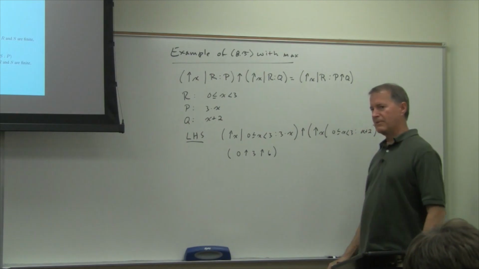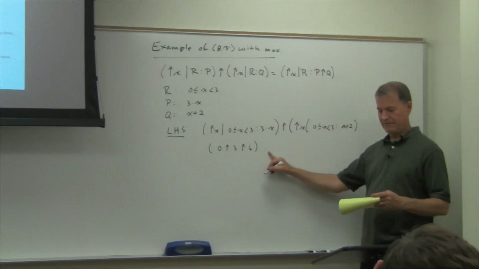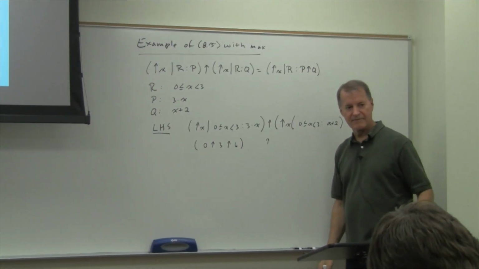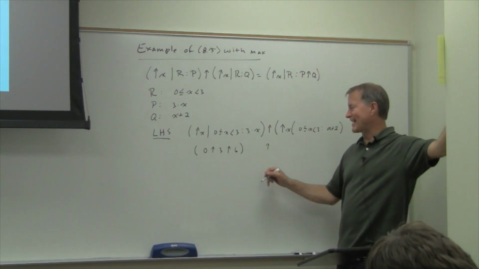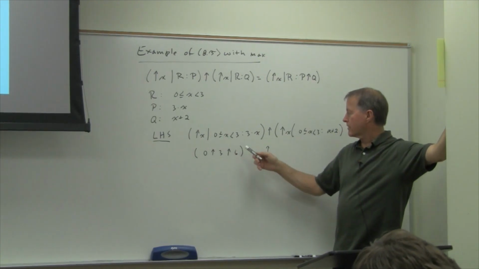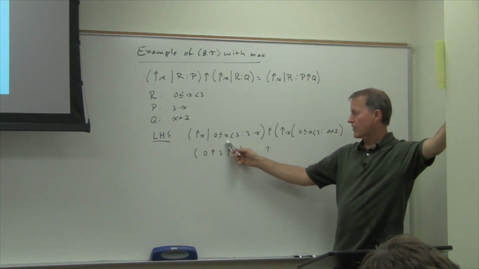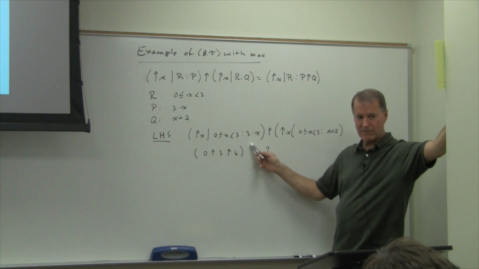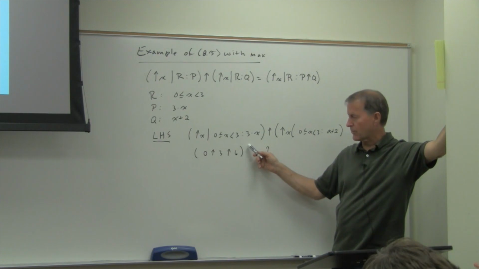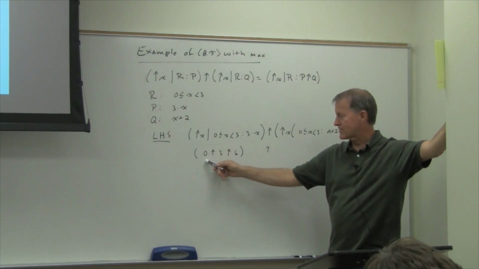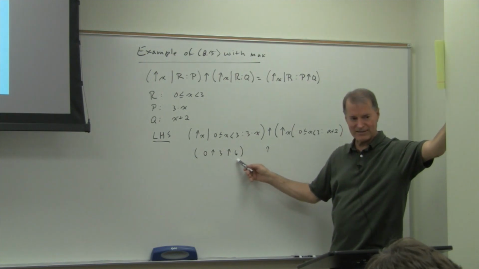Is everybody with me on that? Oh, sorry, I'm standing in front of it. So x can be 0, 1, and 2, which means the possible values of 3 times x are 0, 3, and 6. And then the operation is max, so it's 0 max 3 max 6.